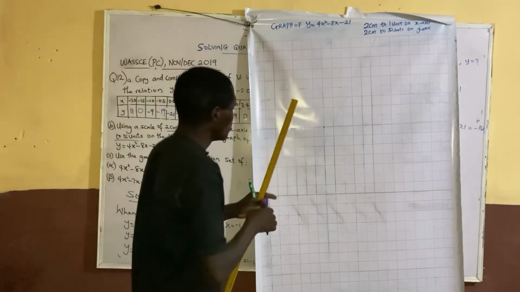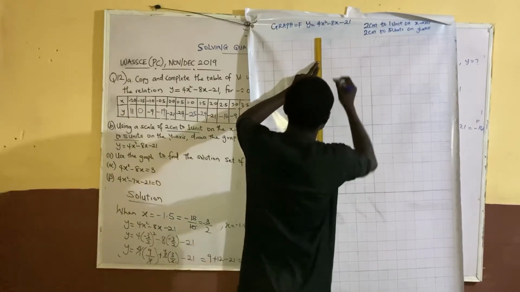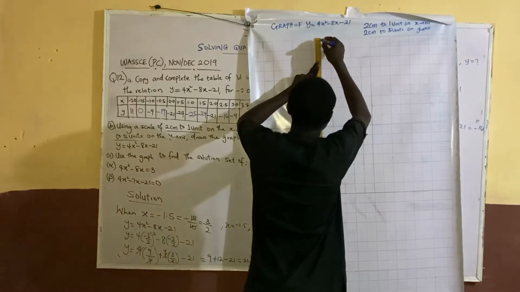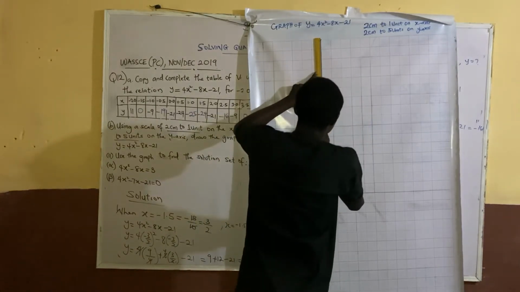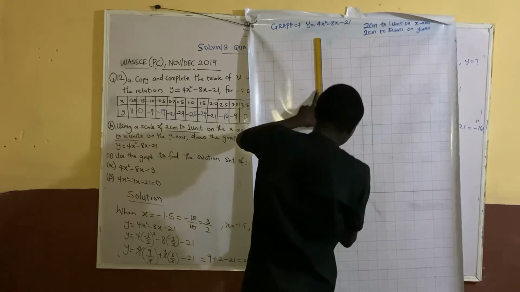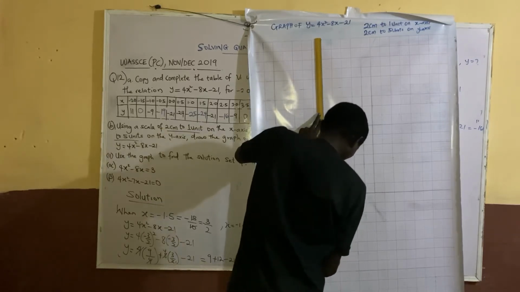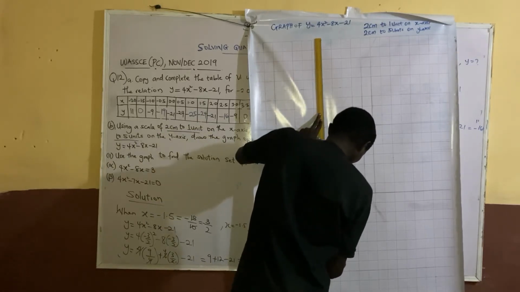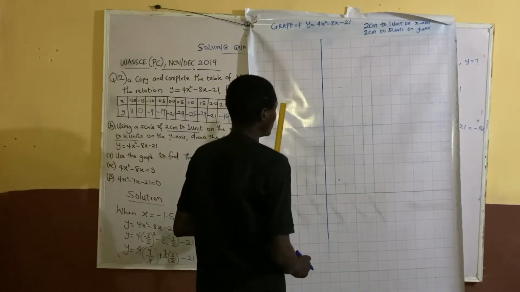So now we have our vertical axis being drawn. We are drawing our vertical axis, which is the y-axis. So we have our vertical axis here.